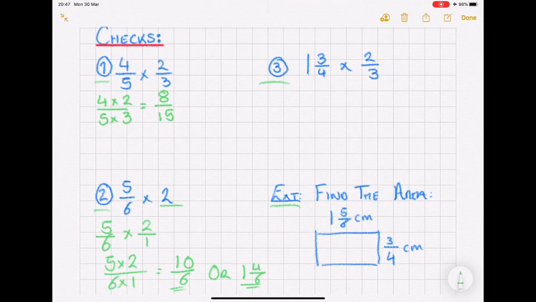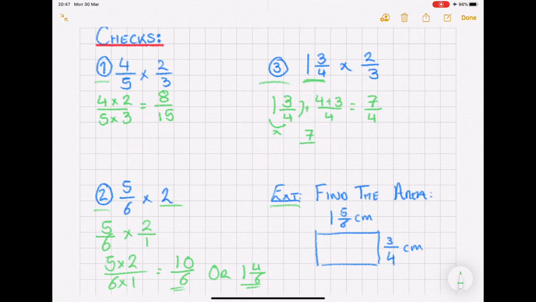Okay, let's have a look at number 3 over here. So first things first, we need to change this to a top-heavy fraction. So we have 1 3/4, times them together gives us 4, plus the 3 over 4, which gives us 7 over 4. Now let's rewrite our multiplication.